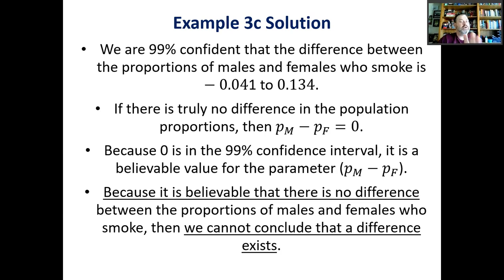And if you're not sure why that's true, pause the video and go back and watch all of the Chapter 3 stuff again, because the whole purpose of Chapter 3 is to learn about the parameter and draw conclusions from what we've learned about the parameter. Whenever you have a conjectured value for the parameter, like I think there's no difference, it's believable there's no difference based on the confidence interval.